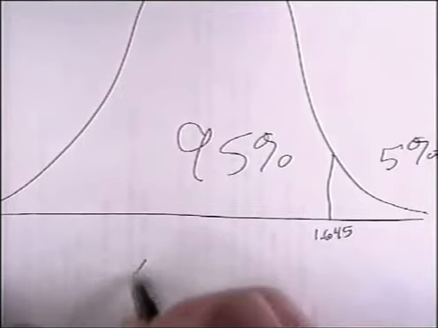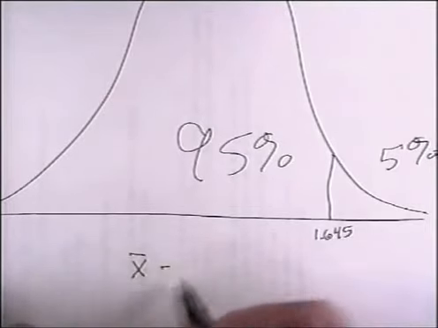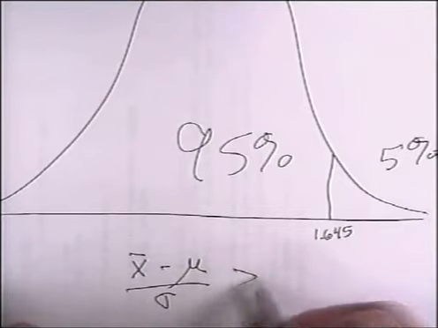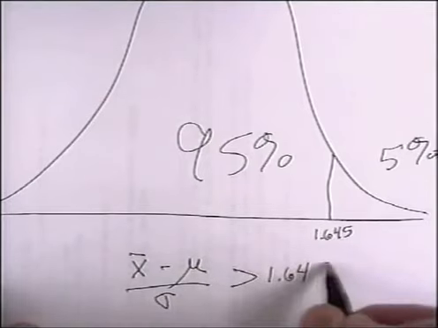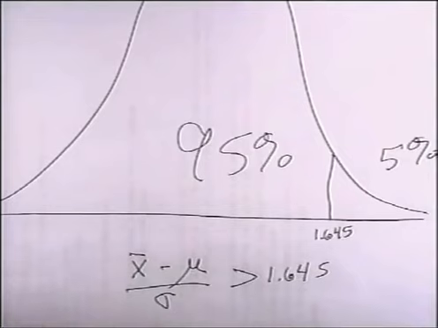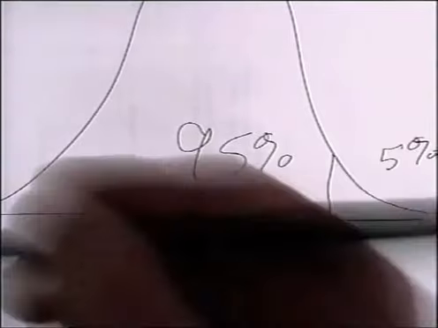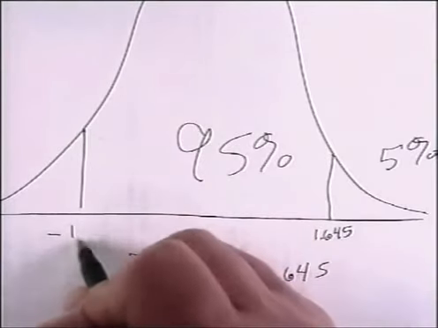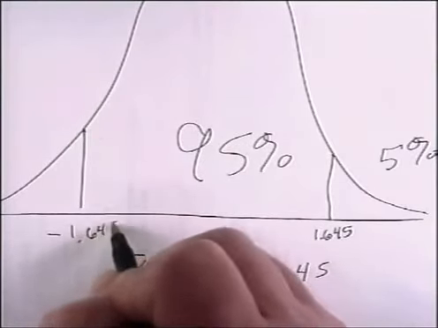Okay, so I would still take my mean, subtract the mean of the population, divide by the standard deviation. If this is greater than 1.645, then I reject the null hypothesis and I say the mean has increased. It is significantly greater. If I wanted to test on the other end, I'd go down here, and this would be minus 1.645.